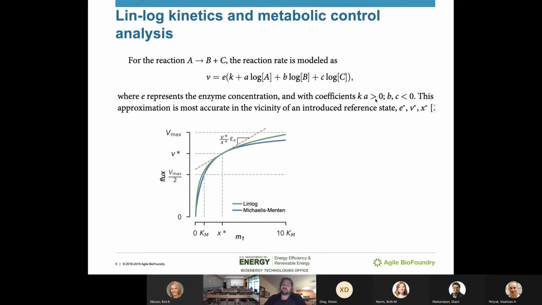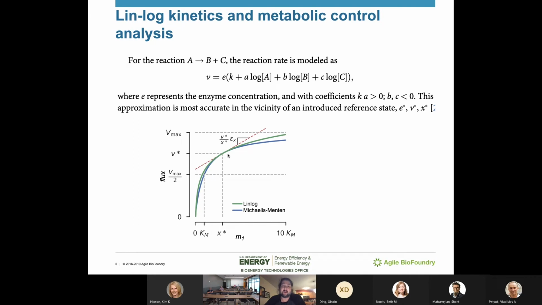And then the question is, why use Lin-log kinetics? The point is that, for computational reasons, it's much more efficient than trying to solve a Michaelis-Menten equation. On the other hand, as long as you're nearby your reference state, you're pretty indistinguishable from a Michaelis-Menten curve.